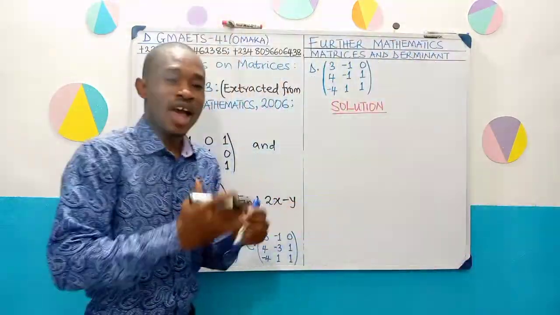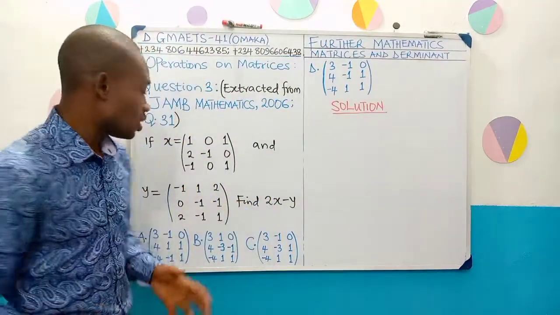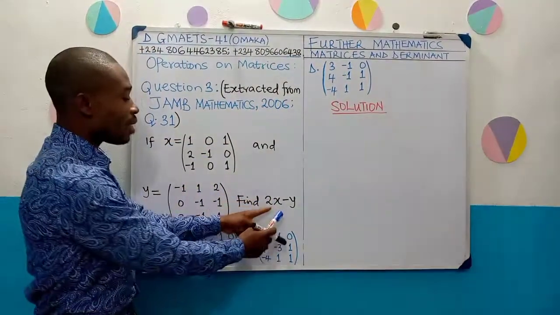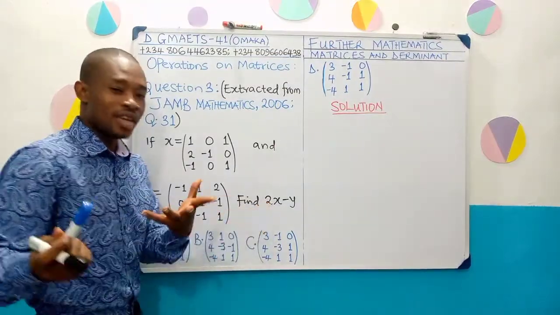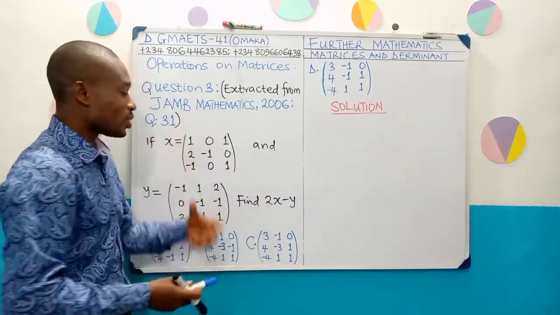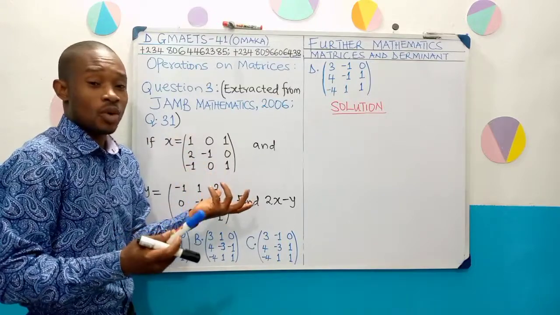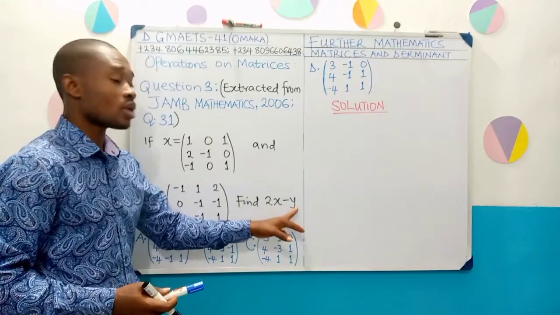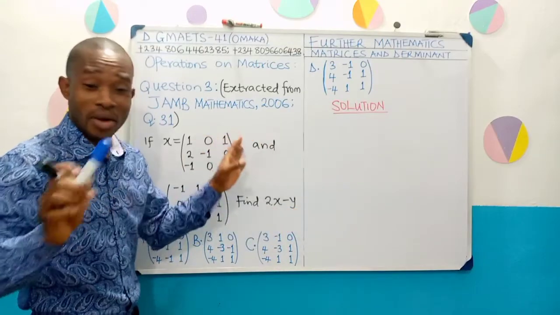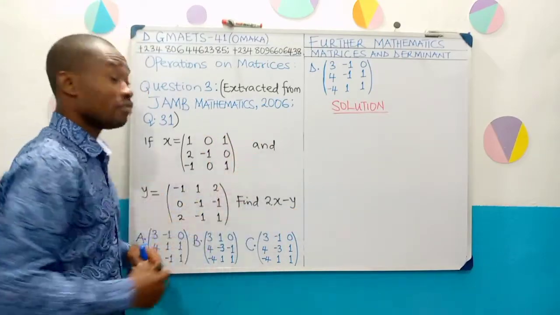To obtain 2x minus y, we are going to simply multiply the matrix x by the scalar, the number 2. And you know how to do that. In the first question, we already saw something like that where we used 2 to multiply all the elements of the matrix. Then we now subtract y from it. And that's all.